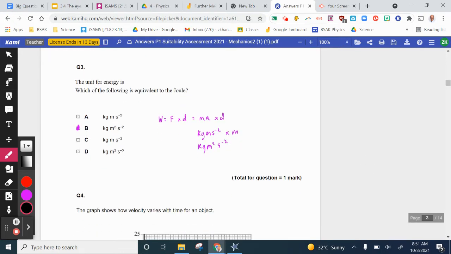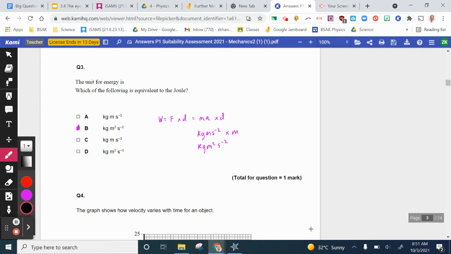Question three, the unit for energy is the joule, and which base unit is equivalent to that. So what we've got here is work done, which is energy, is force times distance. So if you forgot the standard base units for force, then you can expand that formula out to mass times acceleration.